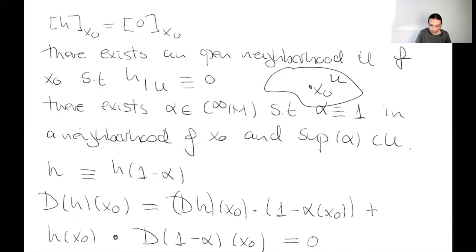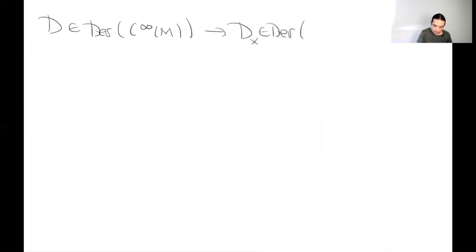As a consequence of that, if we have D, which is a derivation of the space of C-infinity functions, we can define derivations of the spaces of germs. Okay, because how can we do this? Fix a point x0 in M, and we want to define the value of the derivation on the germ of f at x0.